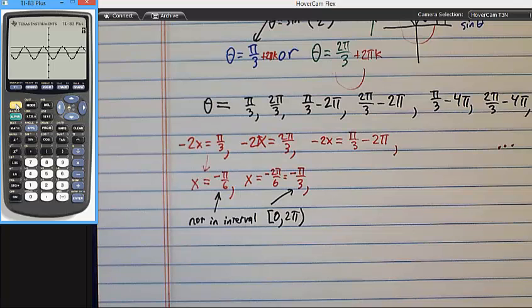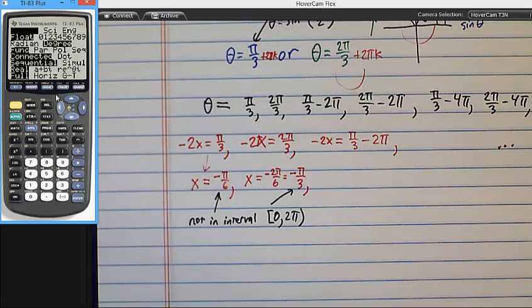If I hit second calculate, or second trace, and it says a value, let me type in negative pi over 6. Oh, I know why it didn't work. I'm in the wrong mode again.